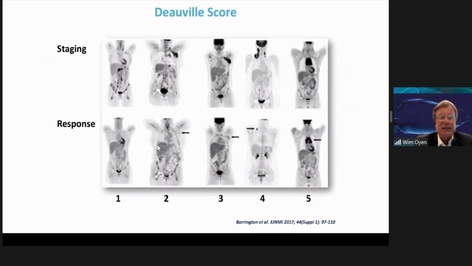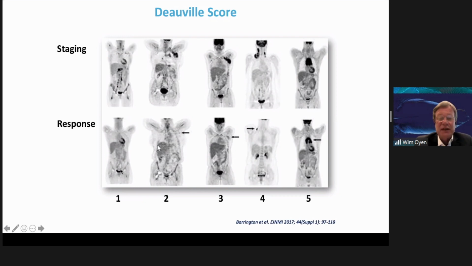And how does this look? Here you see 5 different cases at staging on the top and response at the bottom row of the slide. And you can see that if the Deauville 1 score is attributed, there is no discernible uptake left in lesions with increased uptake at baseline.